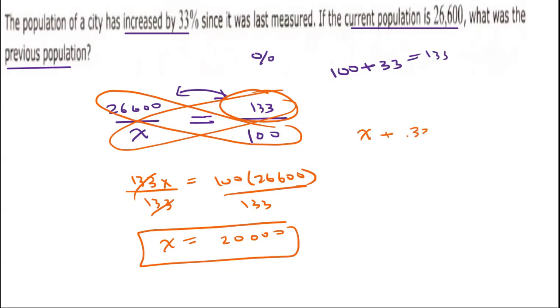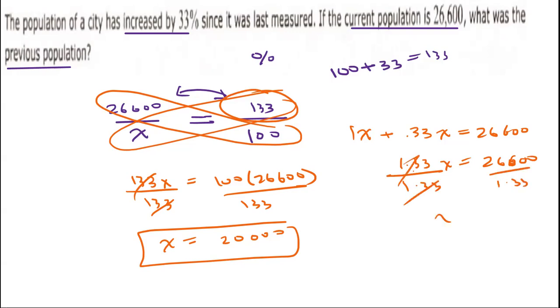So it's going to be 0.33x, and the result we want is 26,600. So this is going to be 1 plus 0.33, so that's 1.33x equals 26,600. Then divide by 1.33. And we get the same thing.